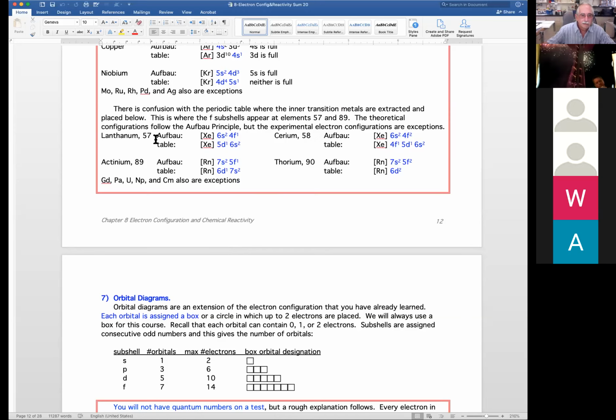Well, if you look at lanthanum, here's what the Aufbau principle would predict: 6s2 and then 4f1. Then if you look at the next one over, 6s2, 4f2. Hey, that makes sense according to theory, doesn't it? But what do you see on the periodic table? What the heck is that?